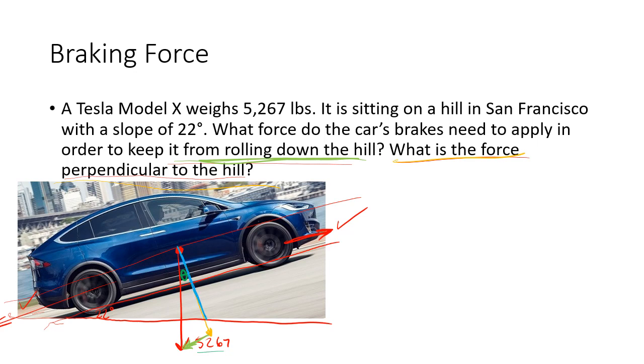This triangle right here goes over there and comes this way. It's a right triangle. That angle right there is 90 degrees. This is 22 degrees, and we know it's 90 degrees because we specifically drew that orange vector perpendicular to the surface. So we know that that's 22 degrees, that's 90 degrees.